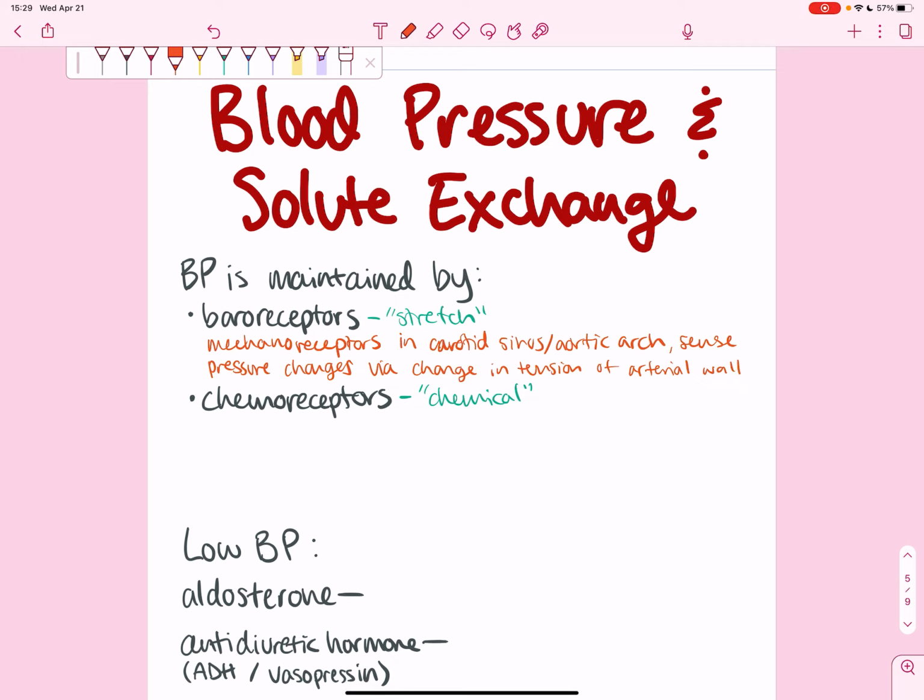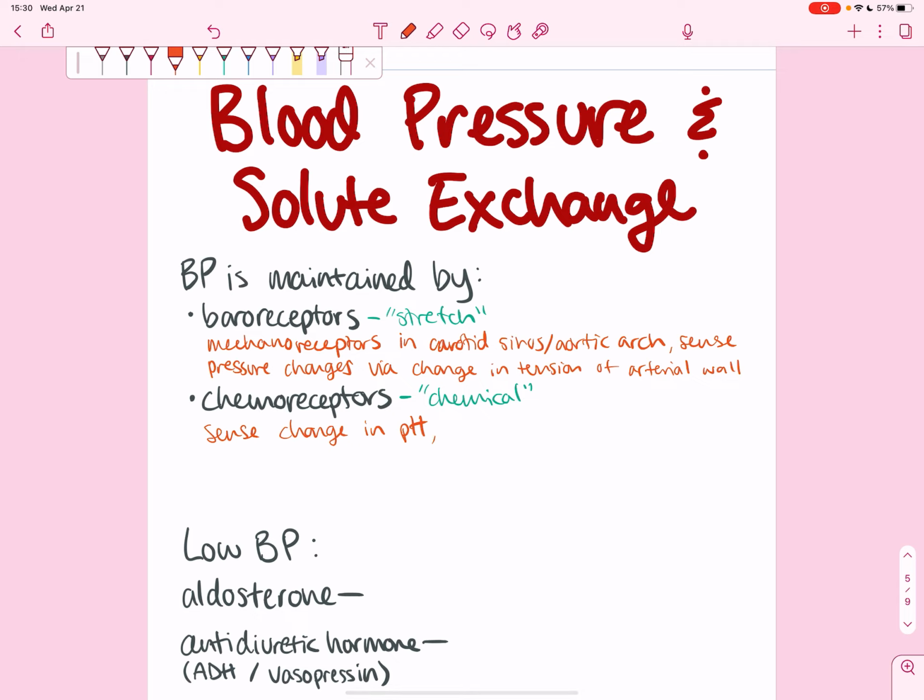There's that. Okay, chemoreceptors. Overall, they sense a change in pH, but we all know that pH can be affected by a number of things. So mostly they sense change in pH via carbon dioxide and oxygen, the most common molecules that you'll see in the blood.